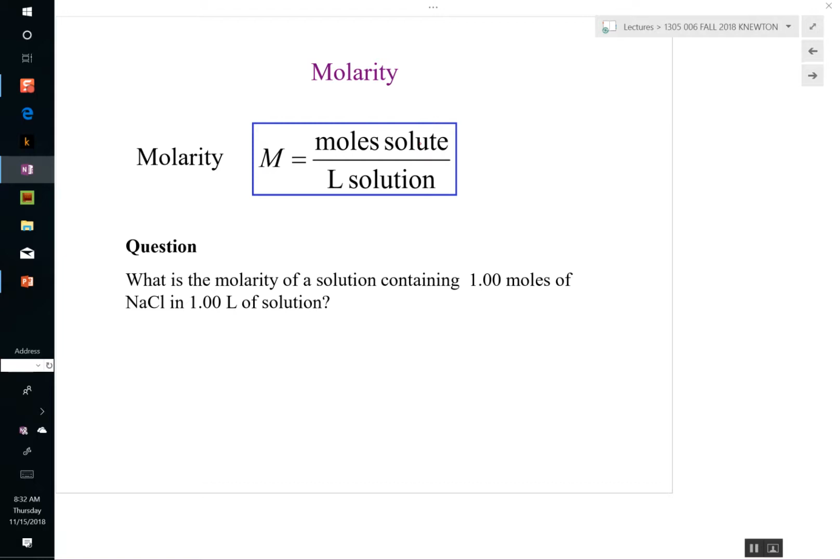These flasks are called volumetric flasks. 1,000 milliliters is a liter, right?